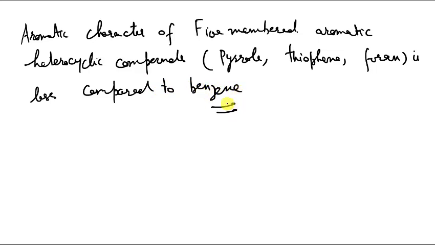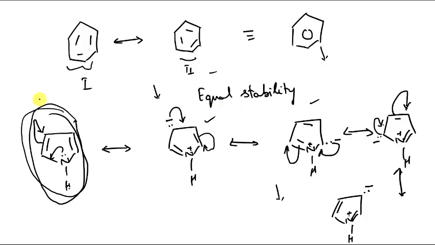So one thing is clear, all these three five membered heterocyclic compounds are less aromatic than benzene, and the reason I have already told you: out of these five resonating structures, 1 2 3 4 5, only one structure does not involve any charge separation.